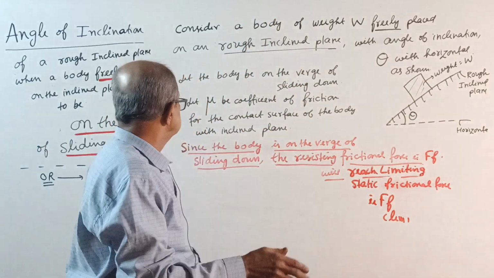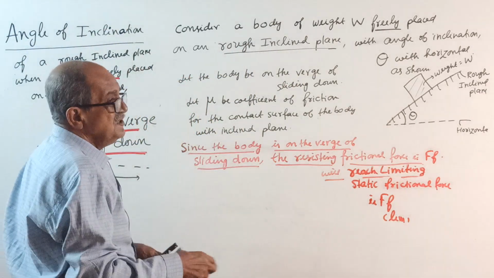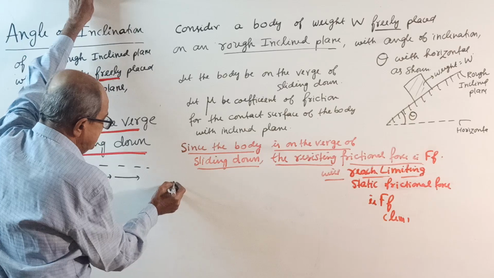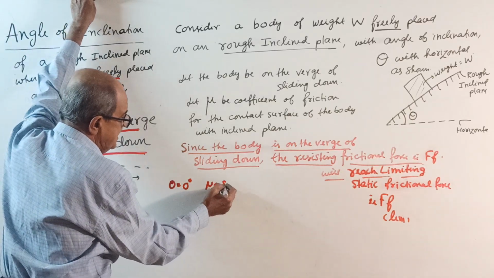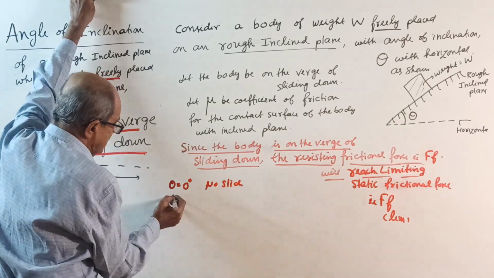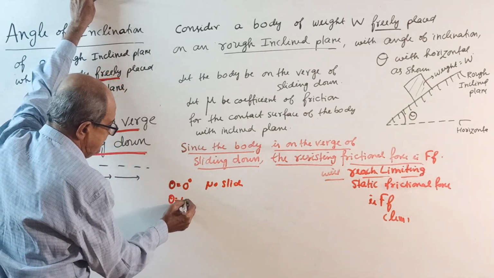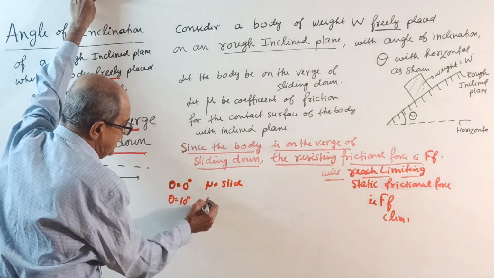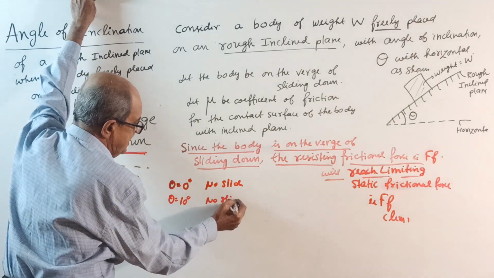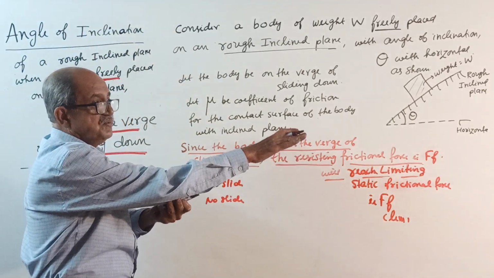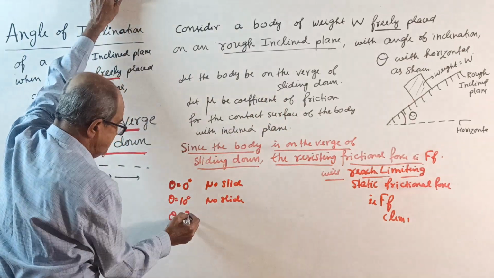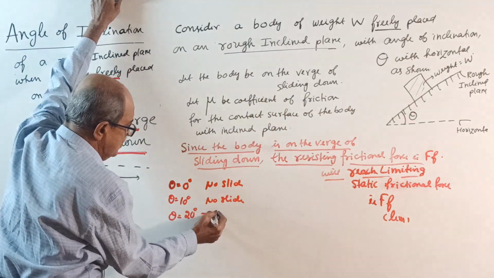Suppose theta equals 0 degrees, then no sliding. Suppose theta equals 10 degrees, imagine still no sliding. Suppose theta equals 20 degrees, still no sliding.